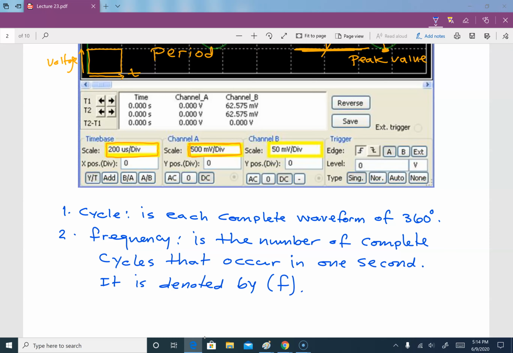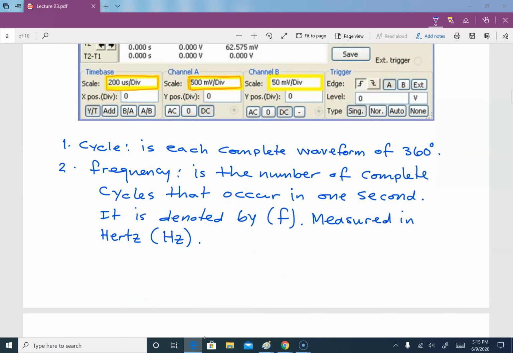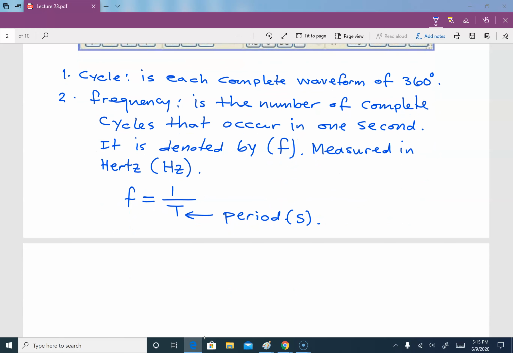So f is the frequency, and that is measured in hertz, which is Hz. Our frequency is equal to 1 over the period, and of course the period is in seconds because it is time. So that means 1 hertz is equal to 1 cycle per second.